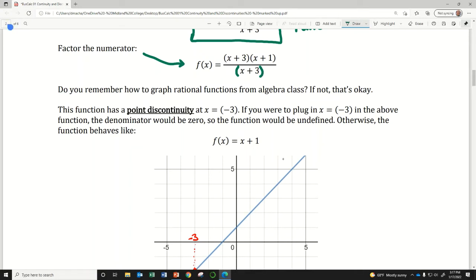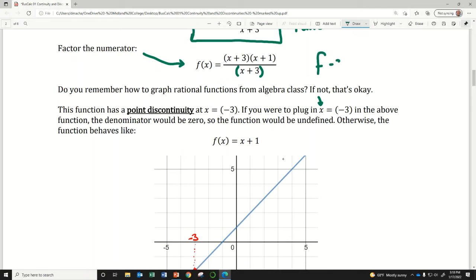The reason is if we plug in x equals -3 into this function up here, the denominator becomes 0, because if you look at this denominator, x plus 3, the denominator would be -3 plus 3, and of course -3 plus 3 is 0.